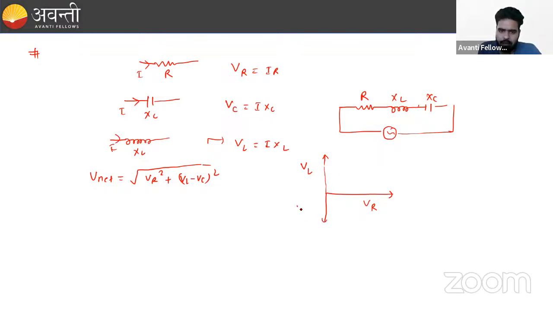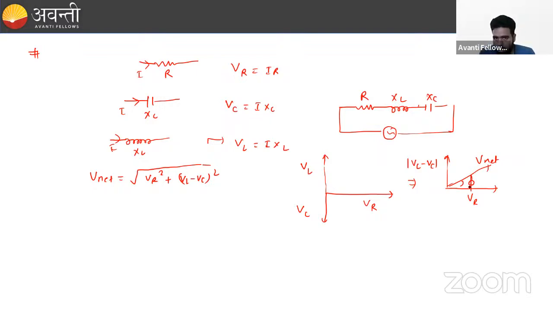And here is our VC. So we can write down the V net in this manner. Our V net is also written as a vector VL minus VC. So this is nothing but our V net, right? And this angle is known as the phase angle.